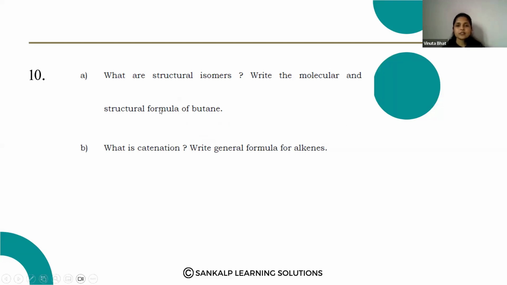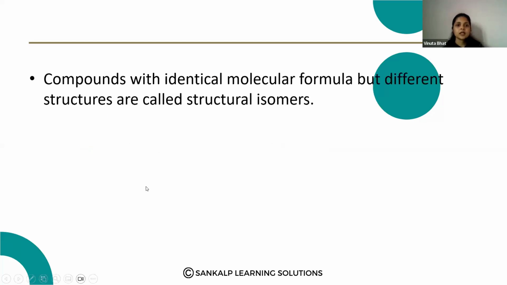Please note down this question, a very important question that was asked in different old question papers. Compounds with identical molecular formula but different structures are called structural isomers.